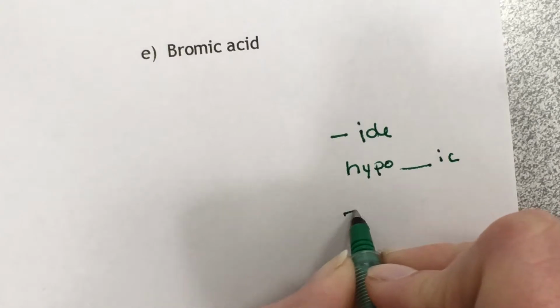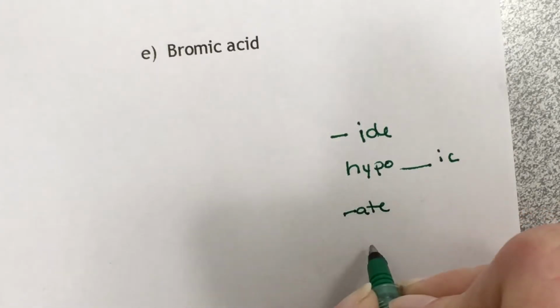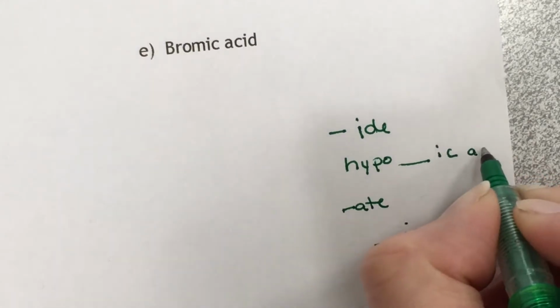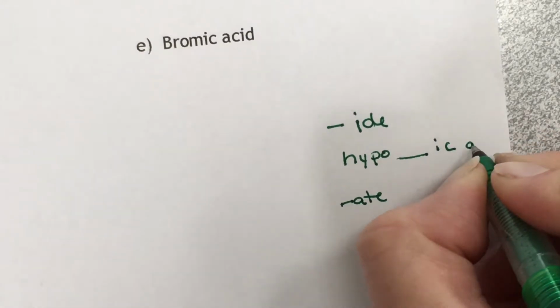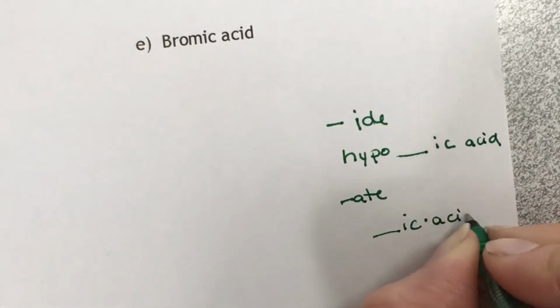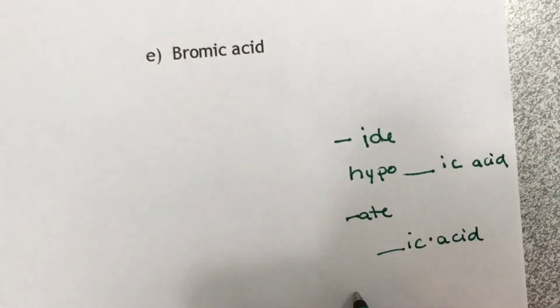If it ends in ATE, you have whatever it is, and then just ic, acid. And if it ends in ITE, it's whatever the name is, OUS, acid.